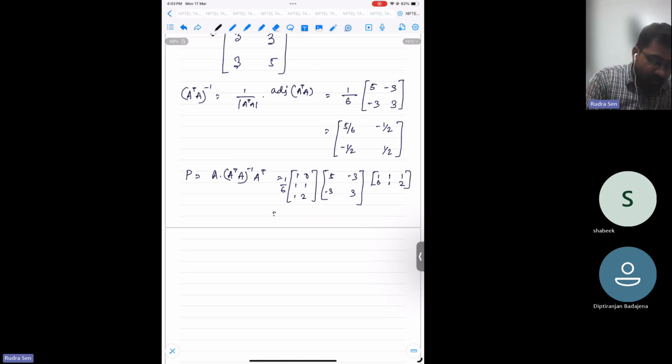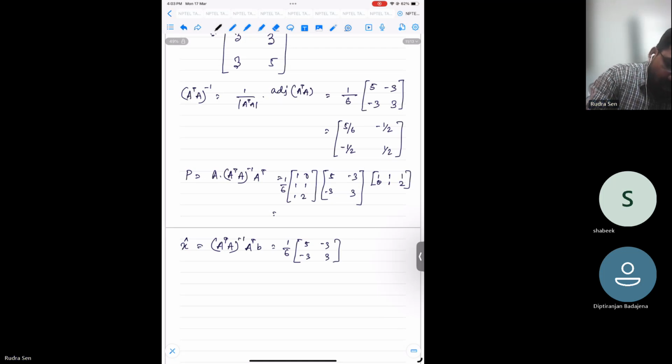You can do that multiplication and you will get the matrix P. Small p, or x hat, is (A transpose A) inverse A transpose B, which will be 1/6 times [5 -3; -3 3], times [1 1 1; 0 1 2], and then B is [6; 0; 0].